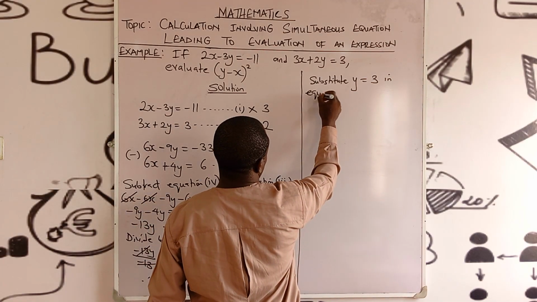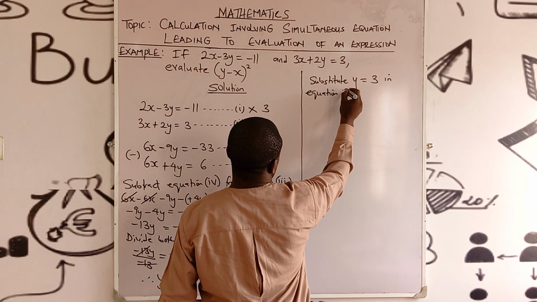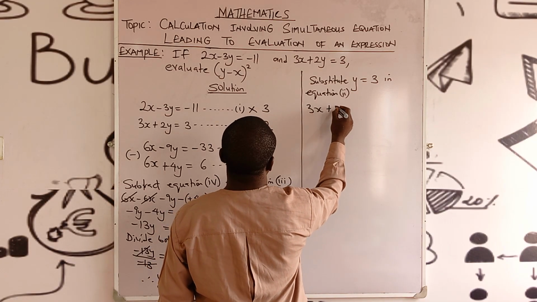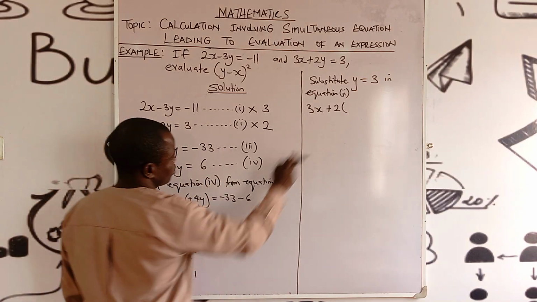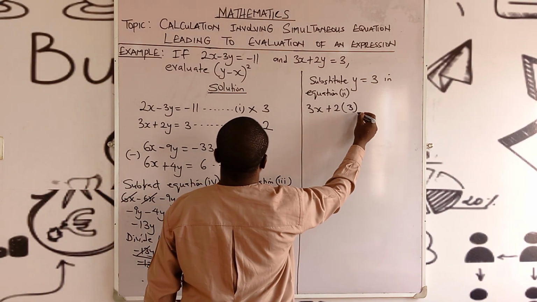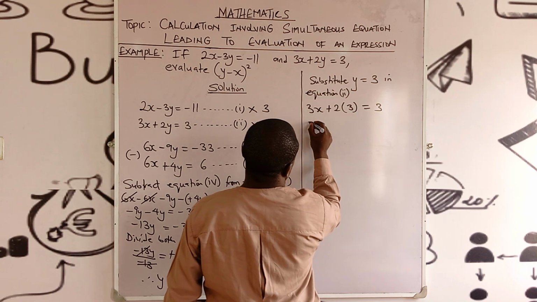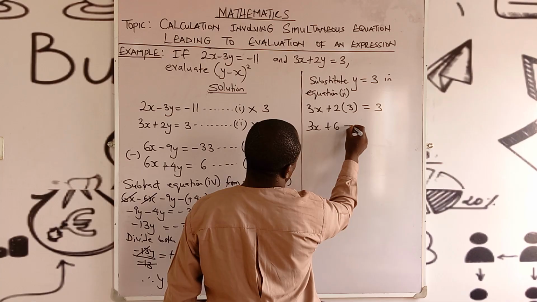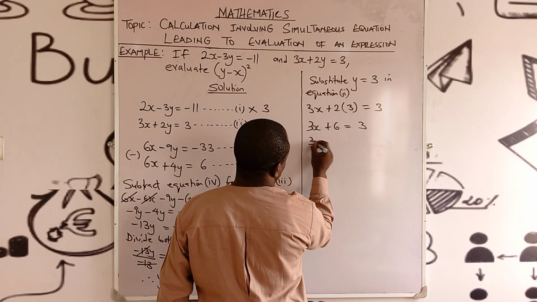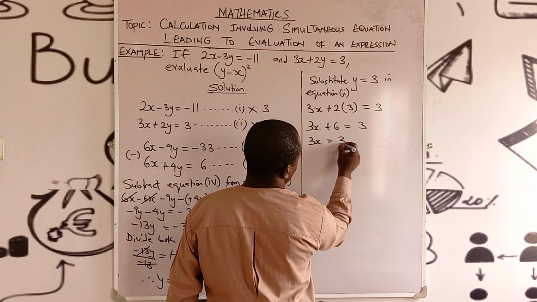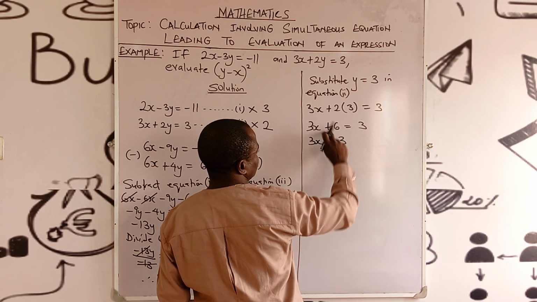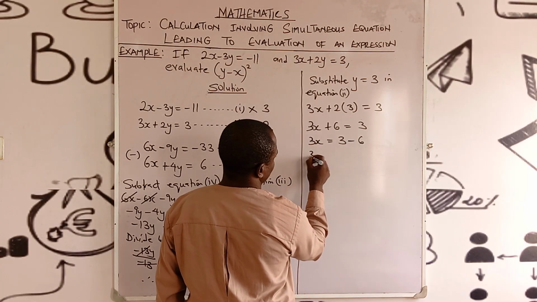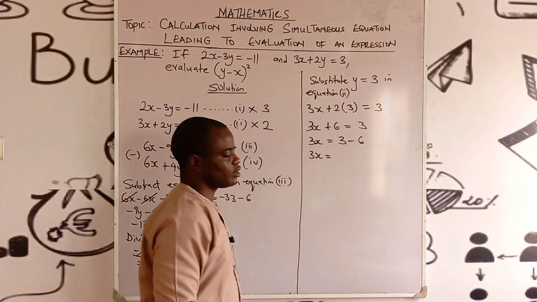In equation 2, now I have 3x plus 2 times y, which is 3, 2 times 3 is 6, plus 6 equals 3. 3x, collect the like terms, equals 3 minus 6. When plus 6 crosses the equal sign, it turns to negative 6. 3x equals 3 minus 6.